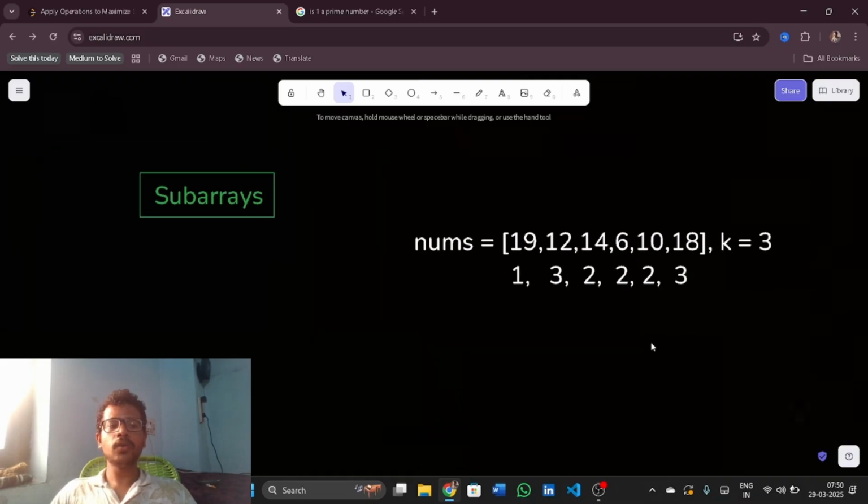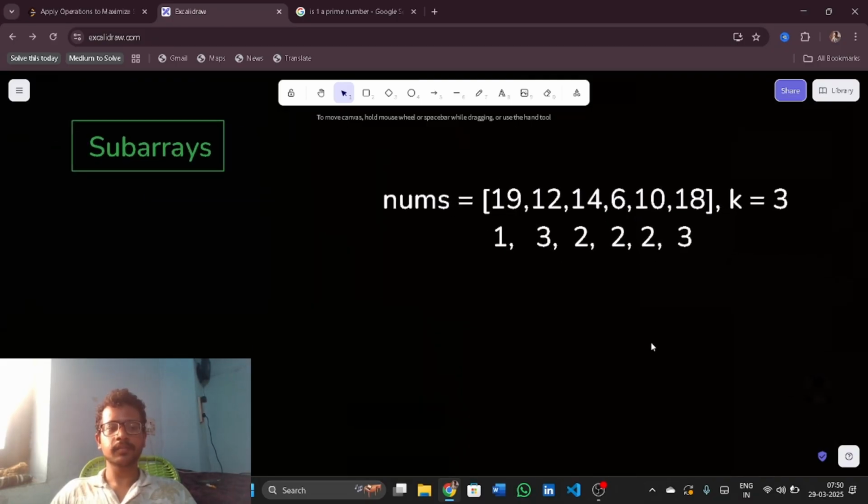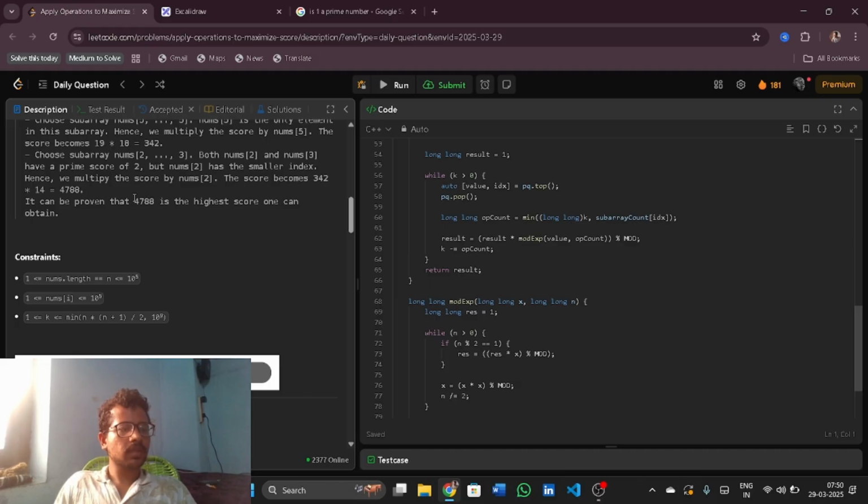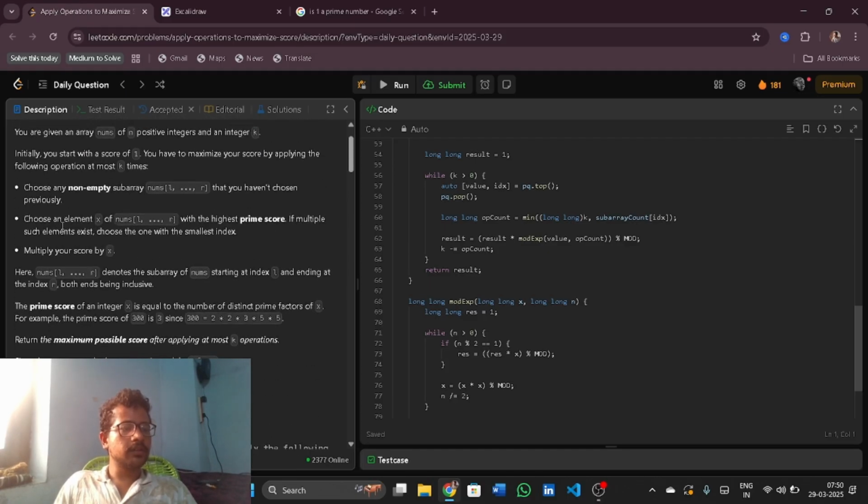Now, how do I get these subarrays? First, what is a subarray? I can take this subarray. They said, and I am also confused, that they took a subarray here and another subarray here, but they said again that we can choose any non-empty subarray that you haven't chosen previously.